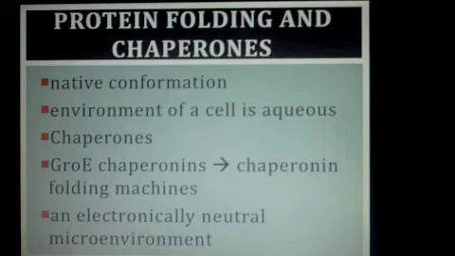A group of chaperones, called the GroE chaperonins, form large multi-subunit complexes which are called chaperonin folding machines. It is suggested that newly synthesized proteins enter a chamber of the chaperonin folding machine, and this machine creates an electrically neutral microenvironment so that the newly synthesized proteins can fold successfully into their native conformation.